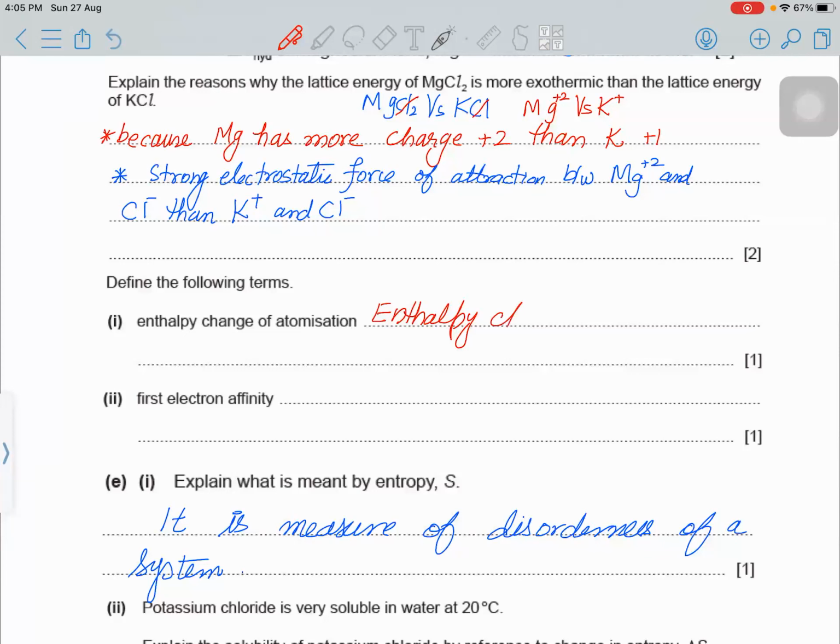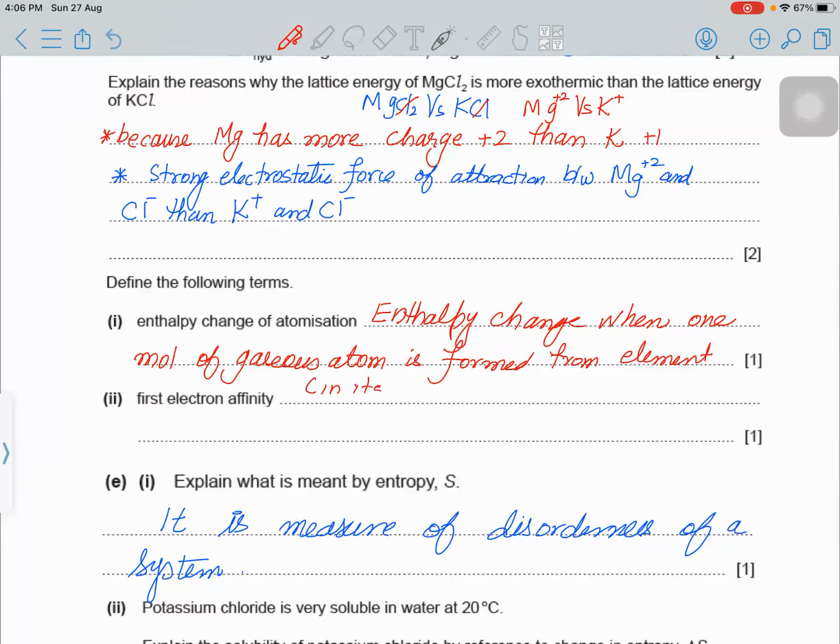So enthalpy change when 1 mole of gaseous atoms is formed from the element. The element may be gaseous, solid or liquid, so it is necessary to write in its standard state. You are right.